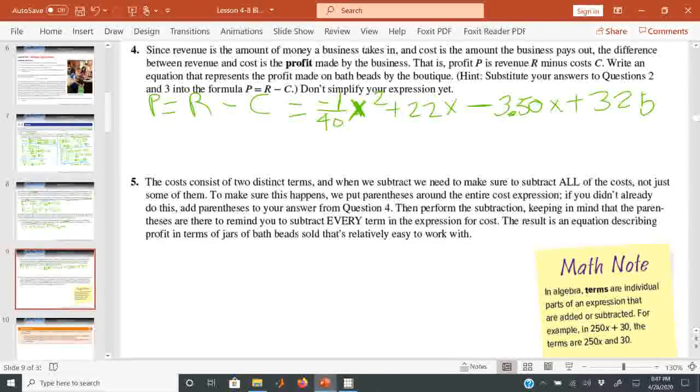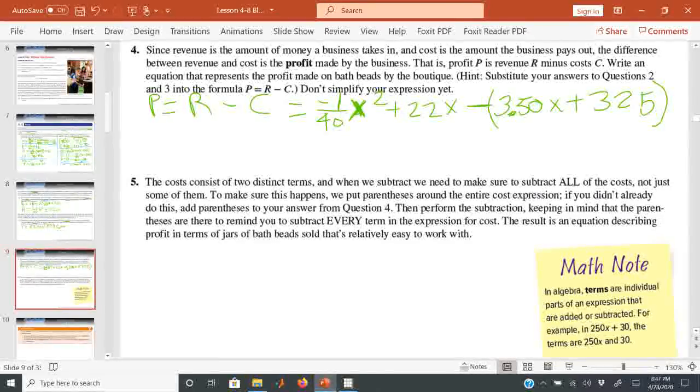But remember, if we're going to calculate cost, we need to subtract cost. We have to calculate it first. We have to calculate the cost by multiplying 3.5 times the number of jars sold plus the $325.